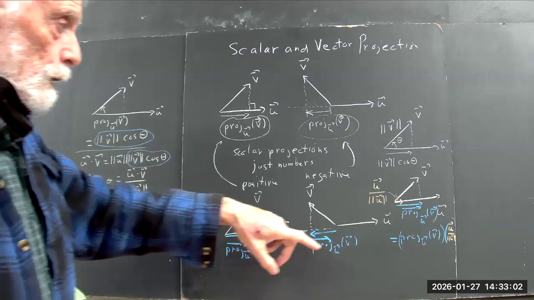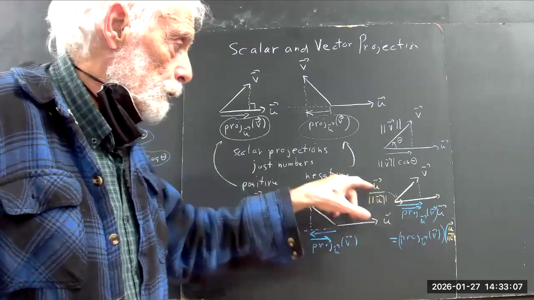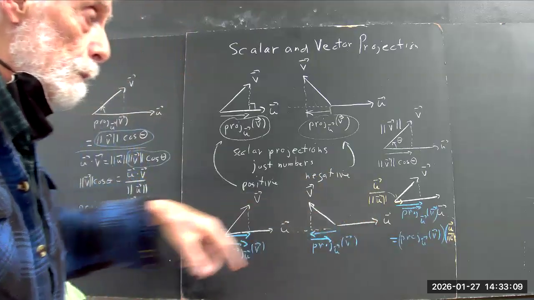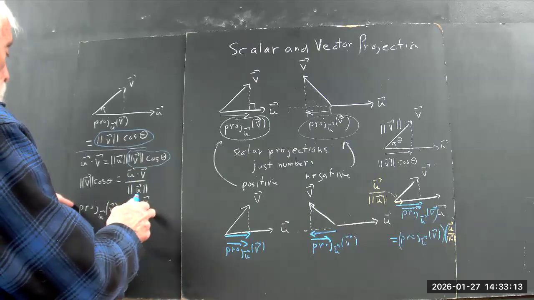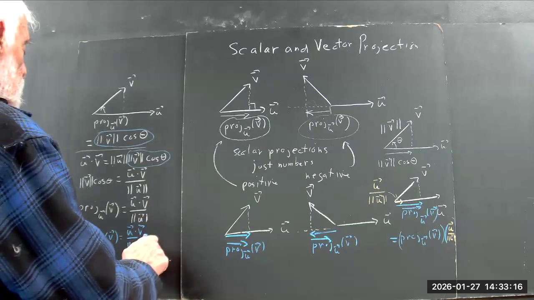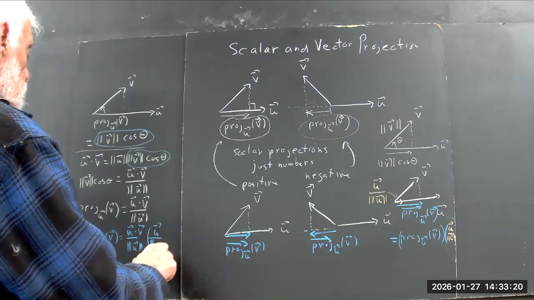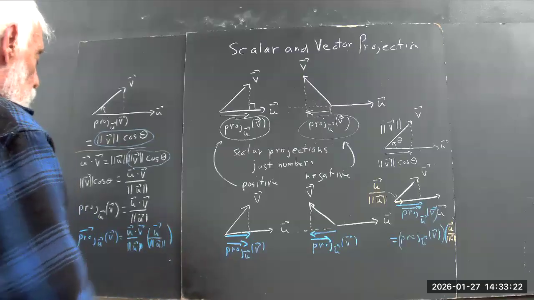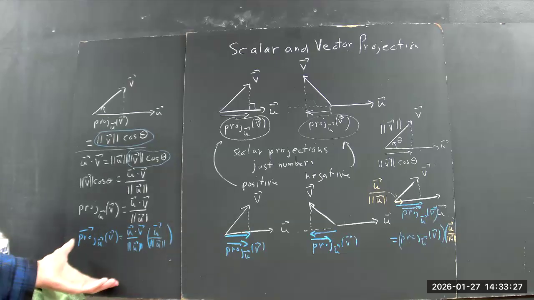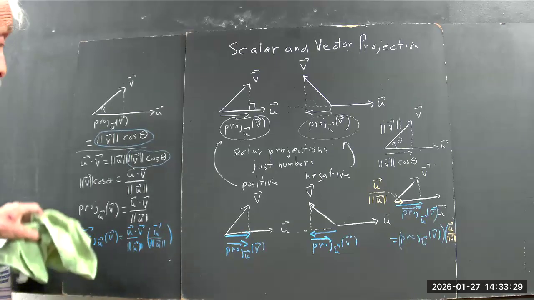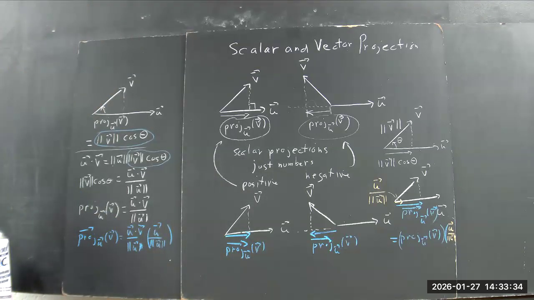And remember that the vector projection is just the magnitude multiplied by the unit vector U over magnitude of U. So if we multiply this magnitude, the scalar projection, by U over magnitude of U, we have it. There's the vector projection. It's a very important quantity, very important calculation, very important concept.